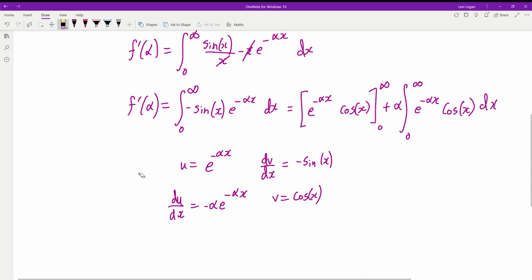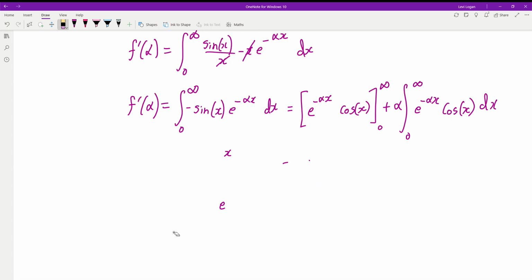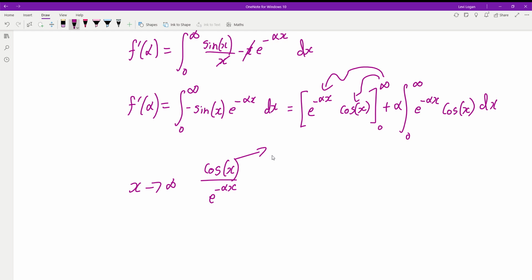I'm going to rub this out just to have some room. Now let's evaluate these square brackets here. What can we actually do with these? So if we put in infinity where x is, it's actually going to be really nice, because what we're going to have is cos x over e to the alpha x. Now if you let x approach infinity in here, while this term's just going to oscillate between negative 1 and 1, this term here is going to get really large, so therefore this entire term will go to 0 as x gets really large.